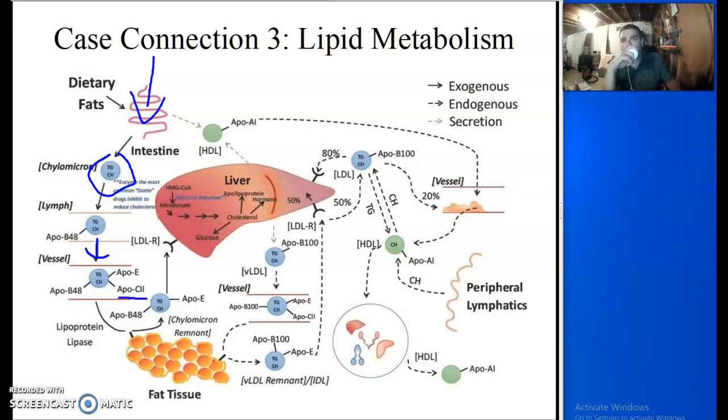We'll see the ApoC2 will come and interact with this LPL, or lipoprotein lipase, which is attached to the circulatory system walls, and allow for the interaction of the chylomicron with extrahepatic tissue. In this case, this is adipose tissue, but all extrahepatic tissue that requires the cholesterol and triglycerides, which are important members of cell membranes and other building blocks.